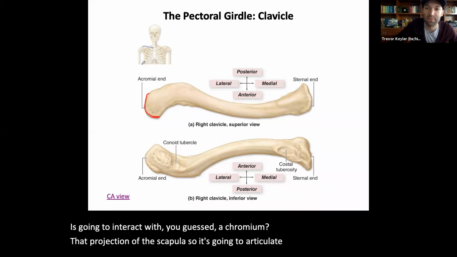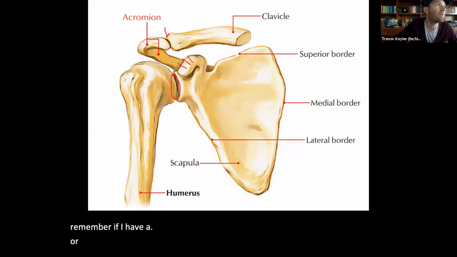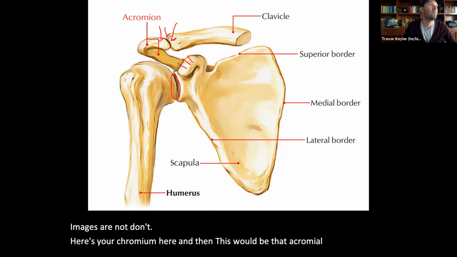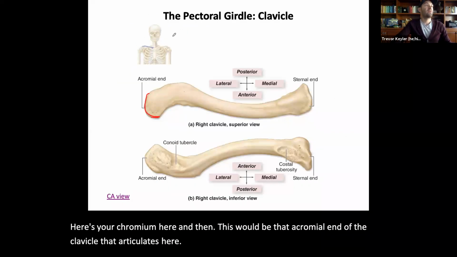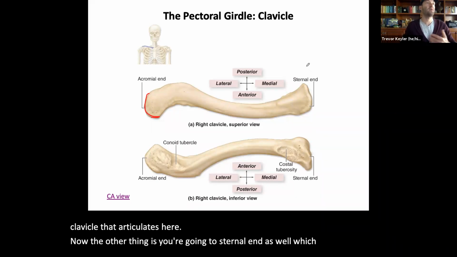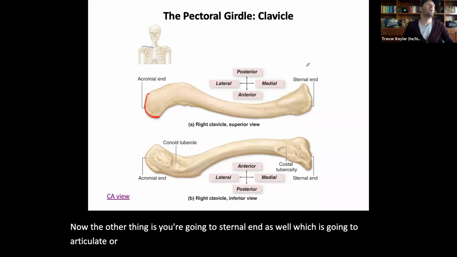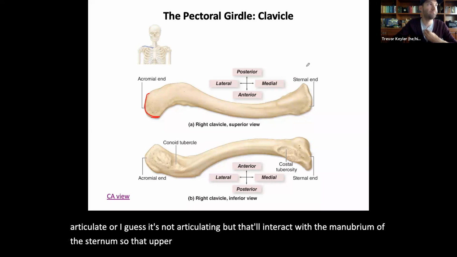Here's your acromion, and this would be that acromial end of the clavicle that articulates here. Now, you're going to have a sternal end as well, which is going to interact with the manubrium of the sternum, so that upper portion of the sternum.